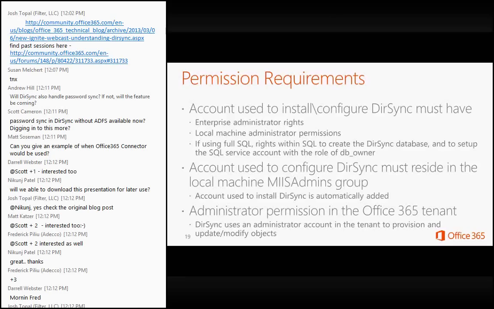One thing that I have noticed before is where a customer has created a global admin account in Office 365 and the password expired, and therefore directory sync has tried to connect to Office 365 using that global admin account, the password expired, and no changes have replicated. So you just need to be conscious that if you are using an account, you keep an eye on it and make sure that things like the passwords don't expire.